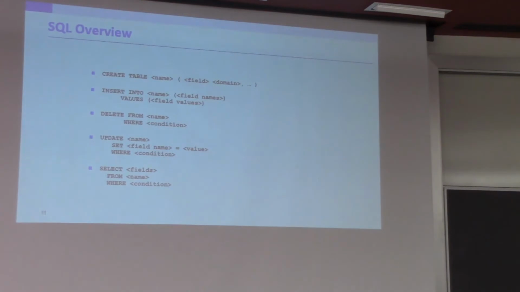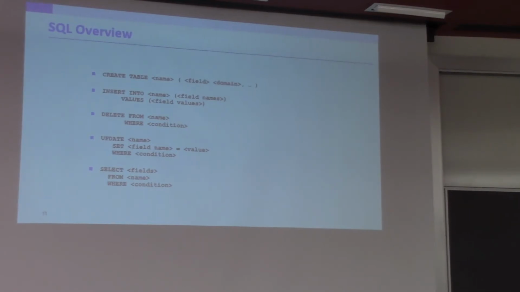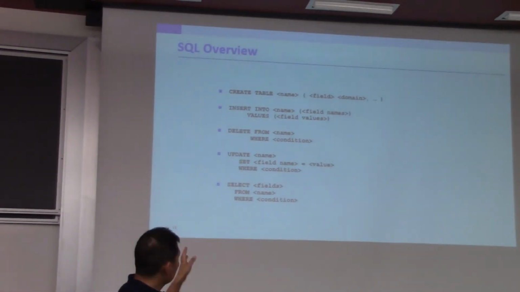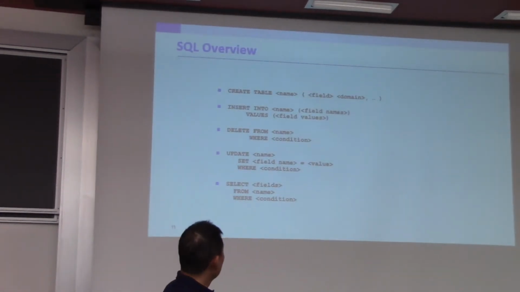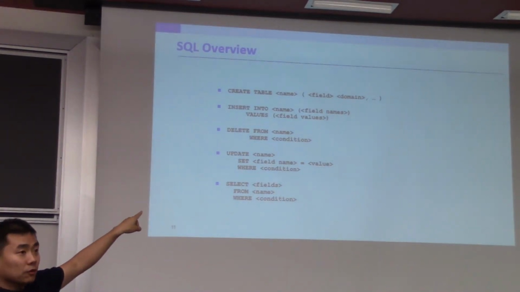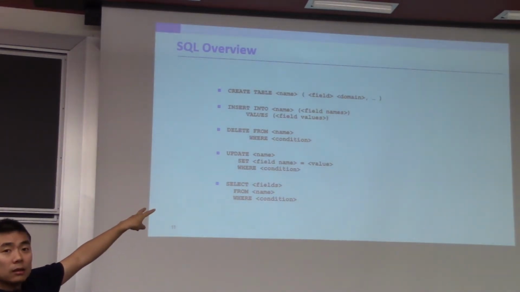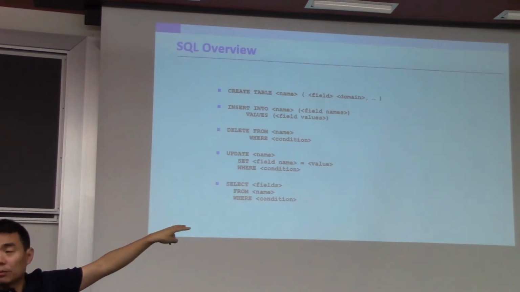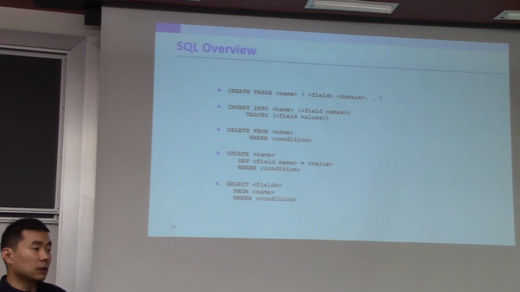Here's a quick overview of SQL. Later on we will have a more detailed dive into SQL. Okay? But here's a quick overview of this language. You can do, for example, create table followed by the name of your schema and also the list of attribute names and attribute types to specify the schema of a particular table.